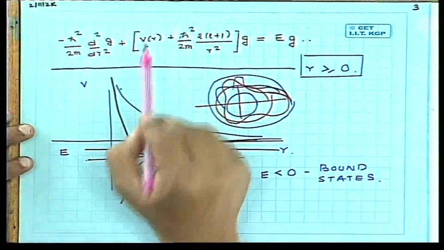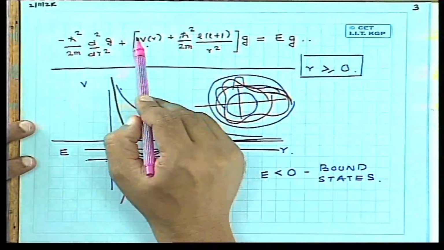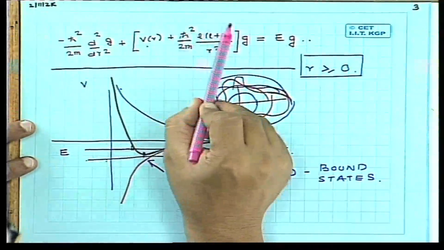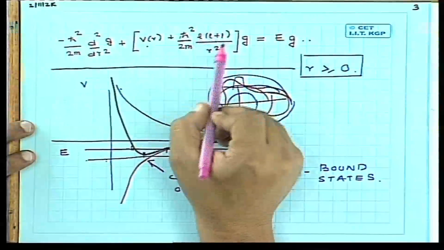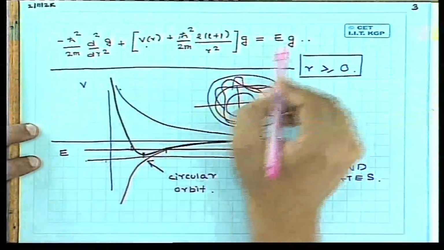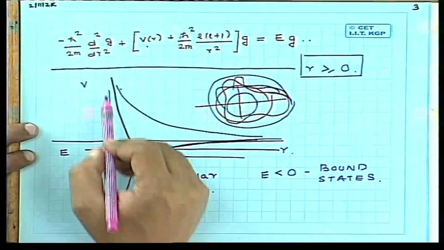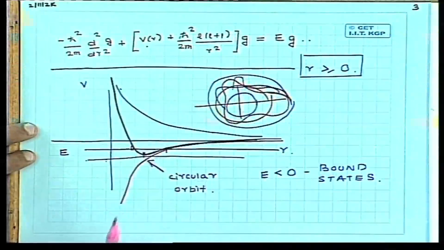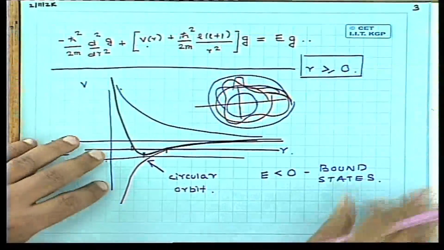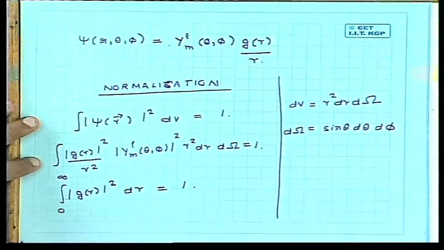The original potential is V of r, but this fictitious one-dimensional particle is moving in a potential which has this extra bit, which you can classically interpret as the potential which gives rise to the centrifugal force. So you can think of g as a wave function for a particle in one dimension. The potential jumps to infinity for negative r, and it has this form for r greater than or equal to 0.